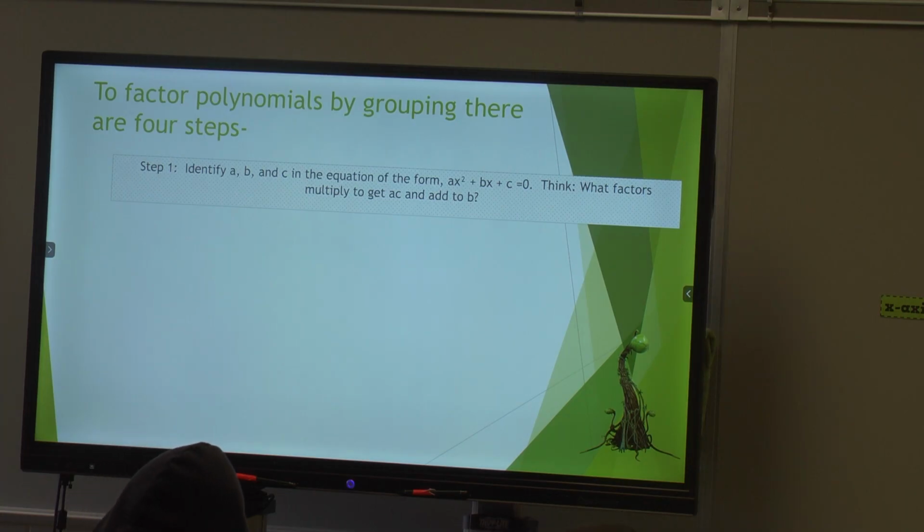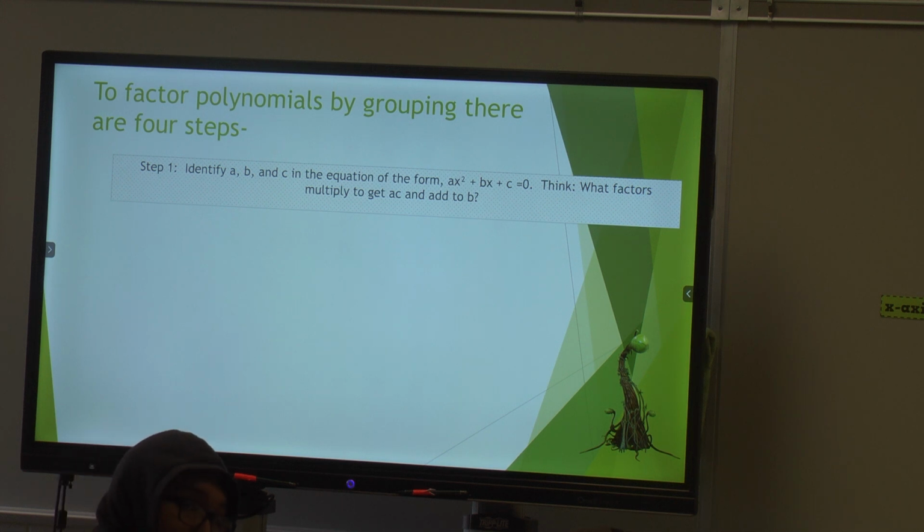Which factors can multiply to get AC, but add for B? So you will take A and C and multiply those two numbers, and then you'll figure out the sum for B using those answers.